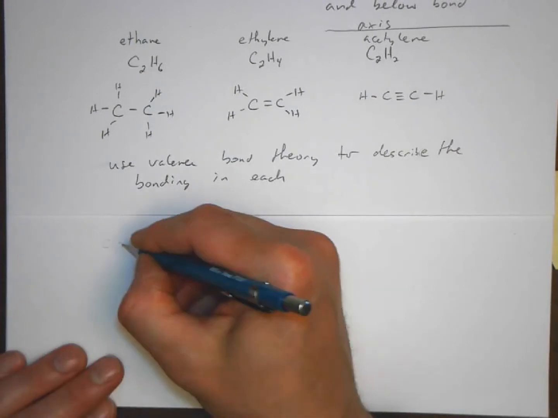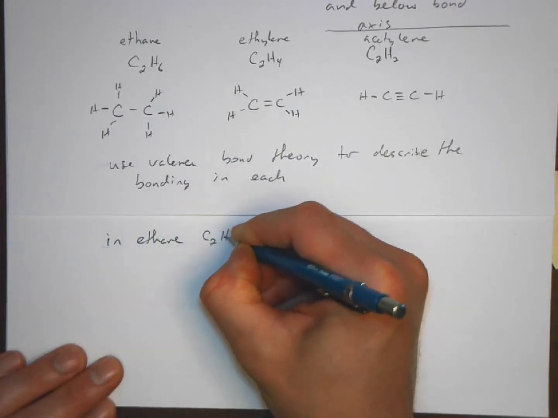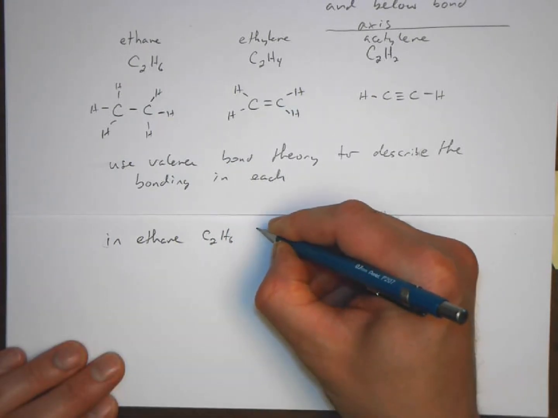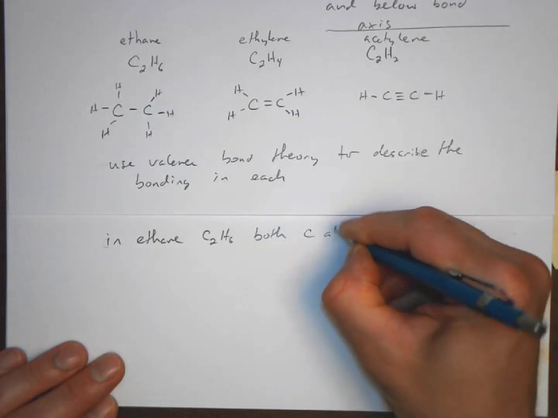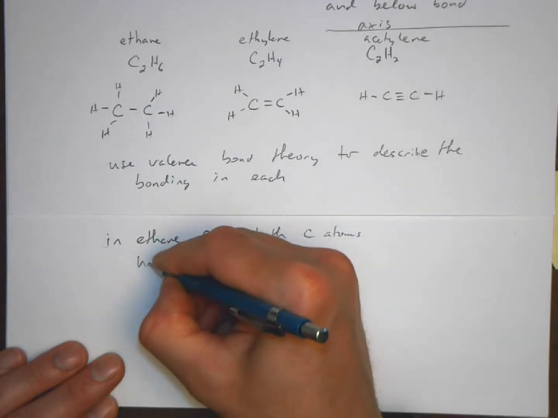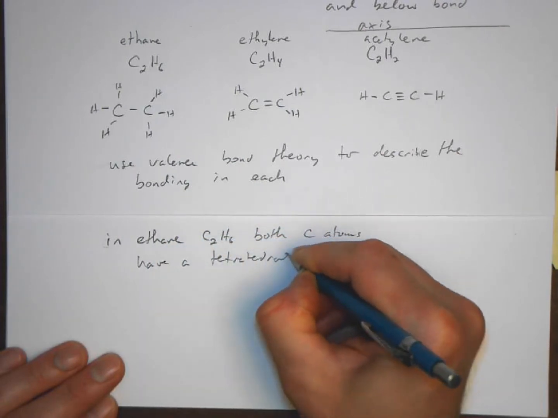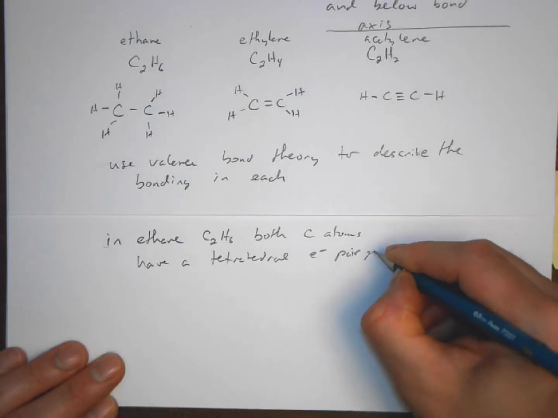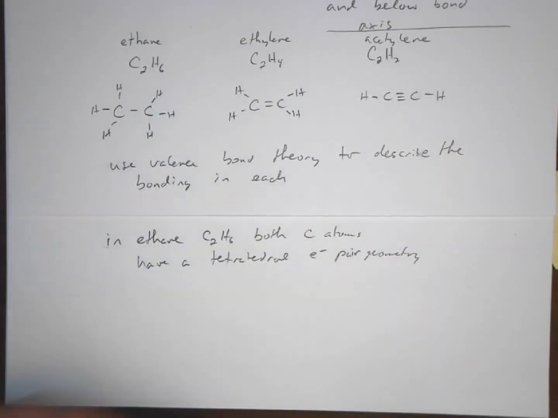So in ethane, C2H6, both carbon atoms have a tetrahedral electron pair geometry. There are four places around each carbon we need to put electrons.